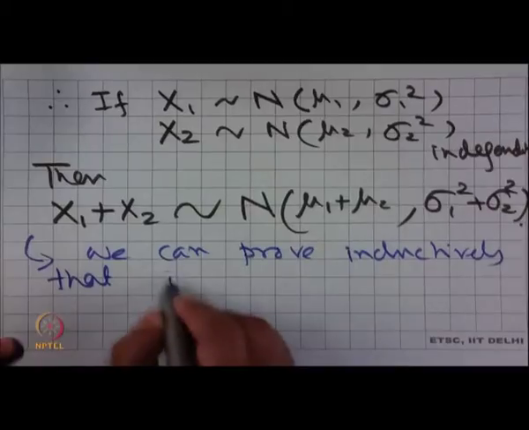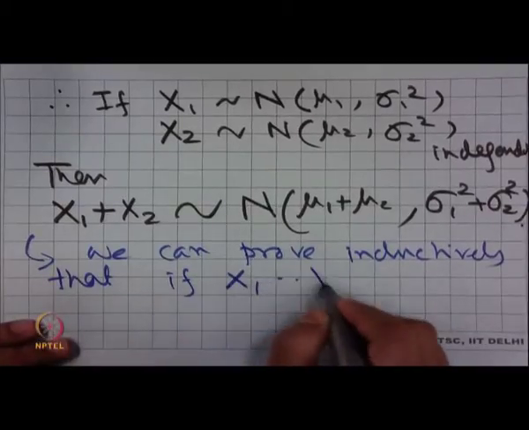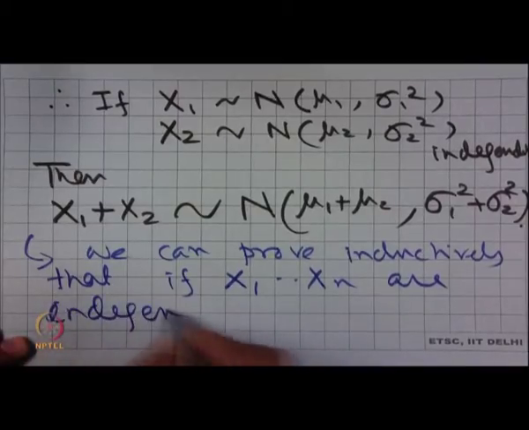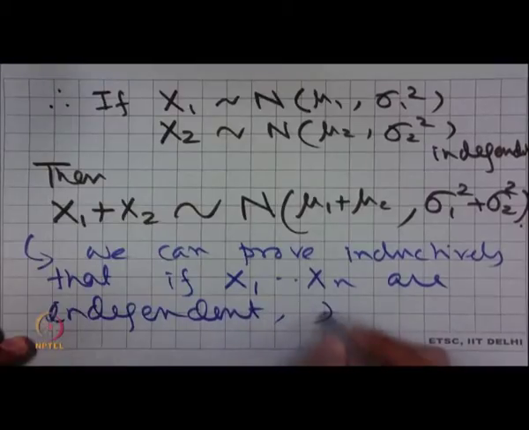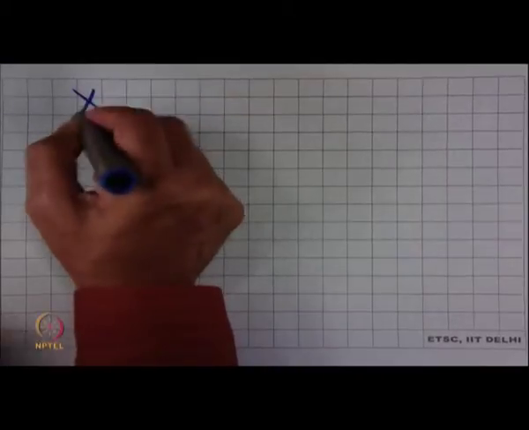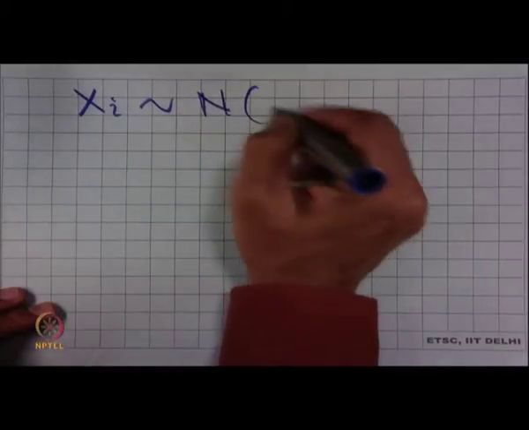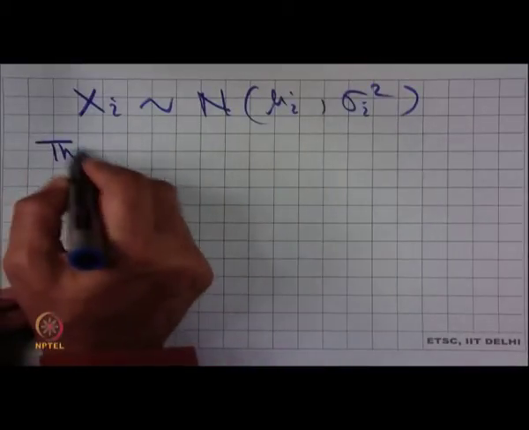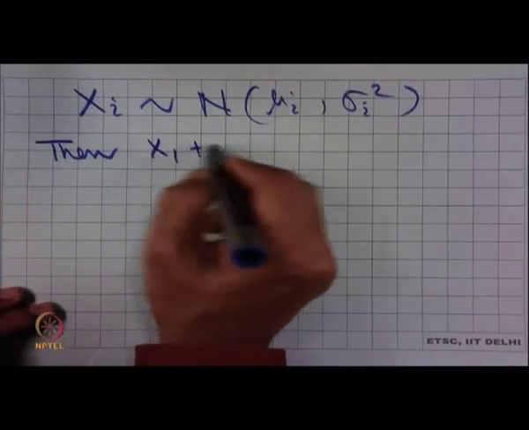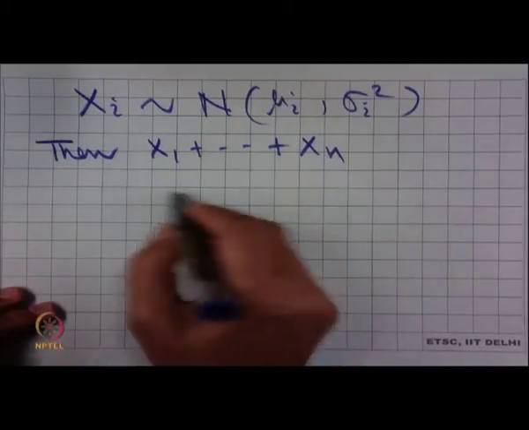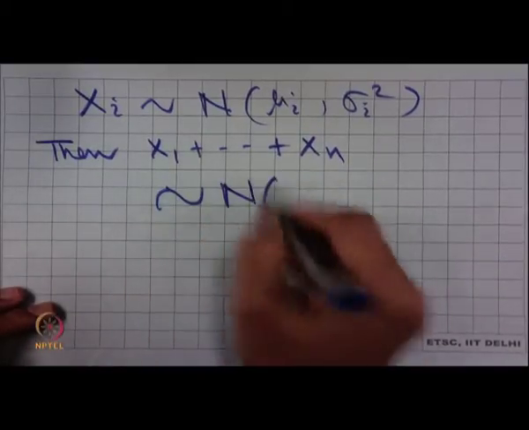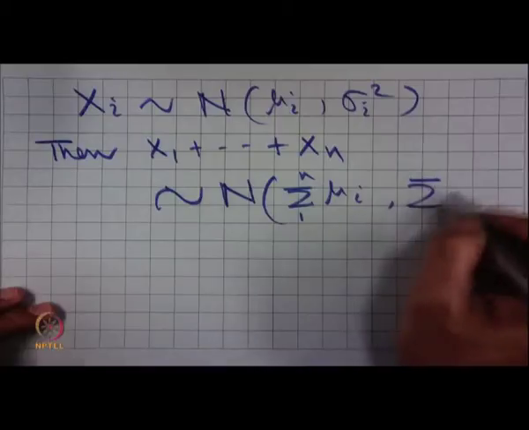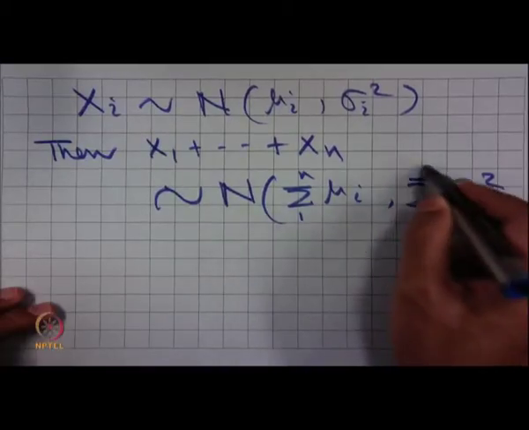That if x 1, x 2, up to x n are independent such that x i is normal with mu i and sigma i square, then x 1 plus x 2 up to x n is distributed as normal with sum of mu i and variance equal to sum of sigma i square, i from 1 to n.